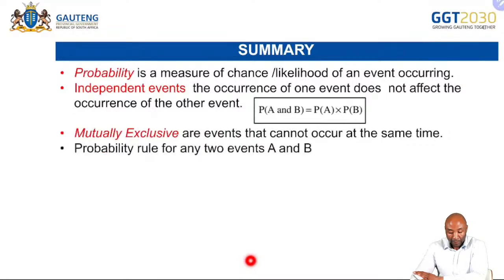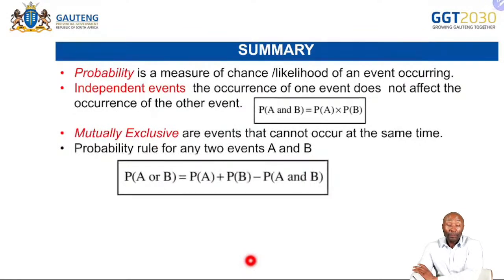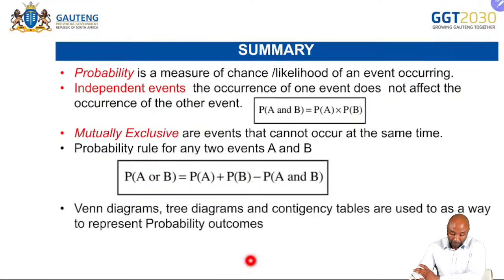We know our probability equation. The probability of A or B is given by the probability of A plus the probability of B minus the probability of A and B.